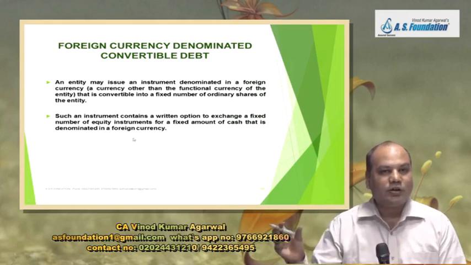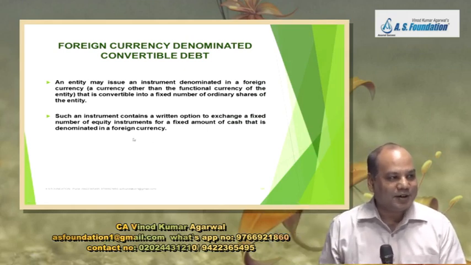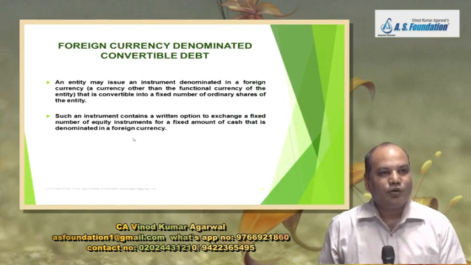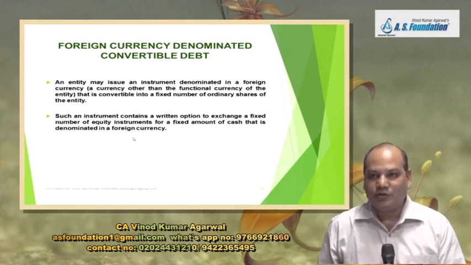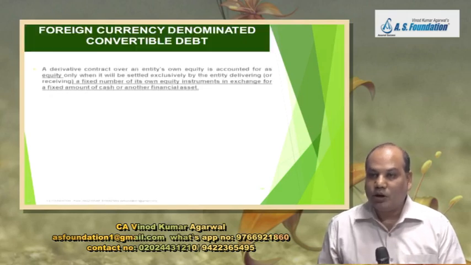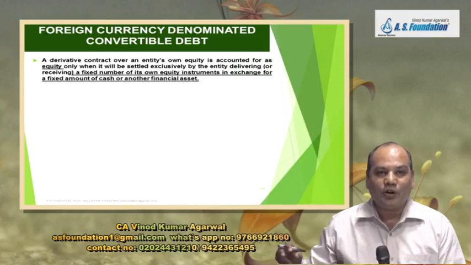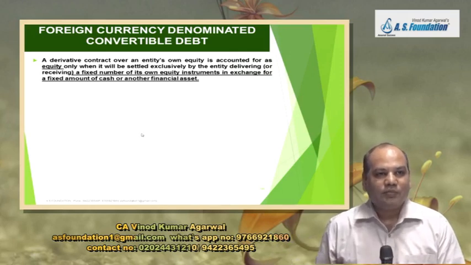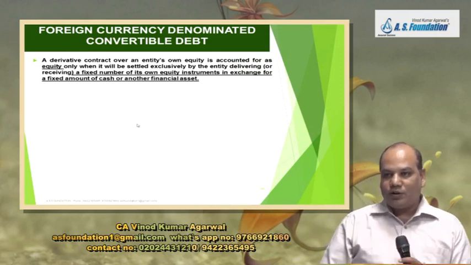In foreign currency, the fixed for fixed test is satisfied. A fixed amount of foreign currency will be exchanged for a fixed number of equity shares. But when you convert the foreign currency into reporting currency, the amount can change as the exchange rate would change. So therefore, this standard takes a view.